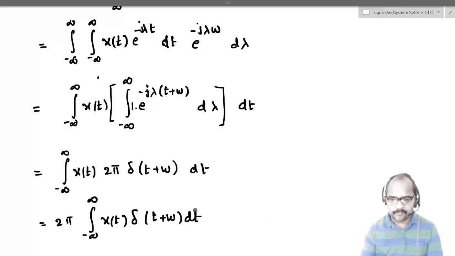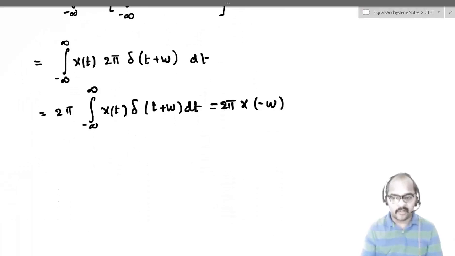So clearly, this is the definition of the Dirac delta function. This looks like the integral from minus infinity to infinity of x of t delta of t minus t naught dt. But what is t naught? Minus omega. So that should be equal to x of t naught, which is x of minus omega. So what have we done here?